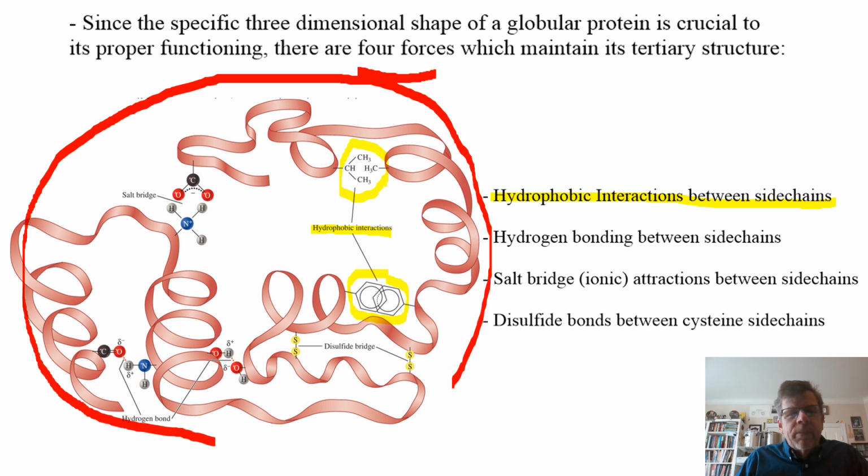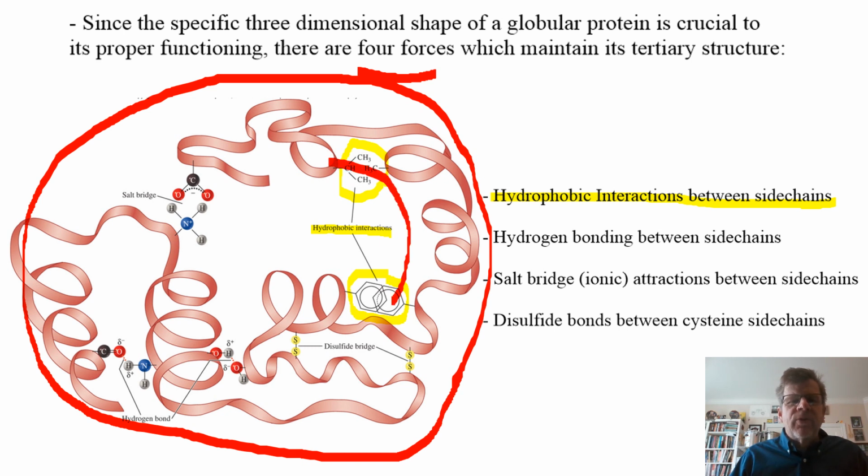Remember, globular proteins dissolve in water, so there's water all around, but inside the protein it excludes water. Here in the interior of the globular protein, we have these hydrophobic interactions of our more hydrocarbon side chains inside, and they exclude water. It's an active effect, which we'll take a look at in just a moment.